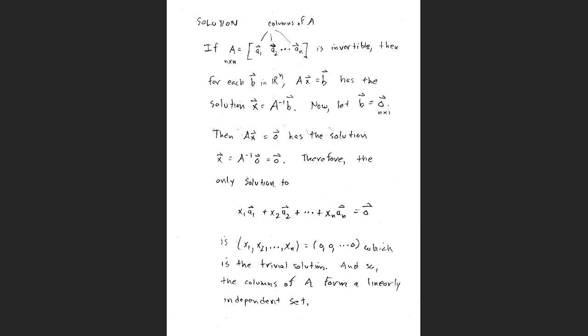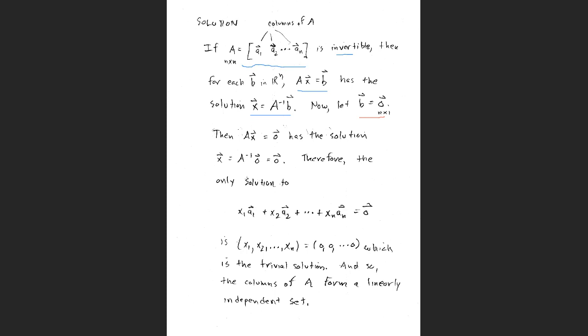here, we represent the matrix A as the matrix of its column vectors. And if it's invertible, then the matrix equation AX equals B has the solution X equals A inverse times B. But now here's what we do. Let's just pick the vector B as the zero vector.